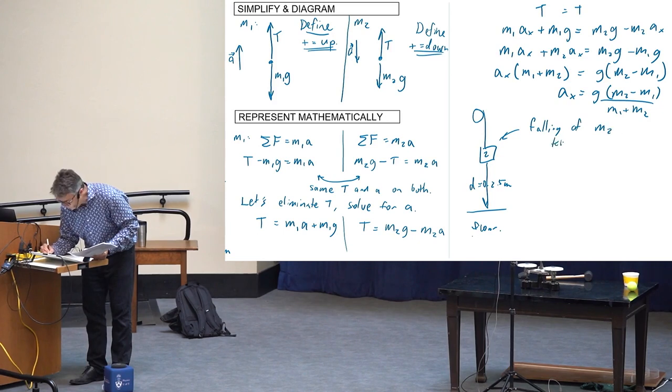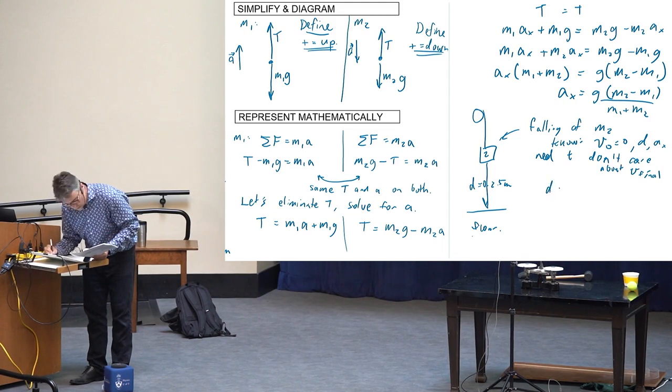We know that v0 is 0, since it's released from rest. We know d, and we know a sub x. And we need t, the time. The thing we don't care about is v final, so this is a kinematics problem.